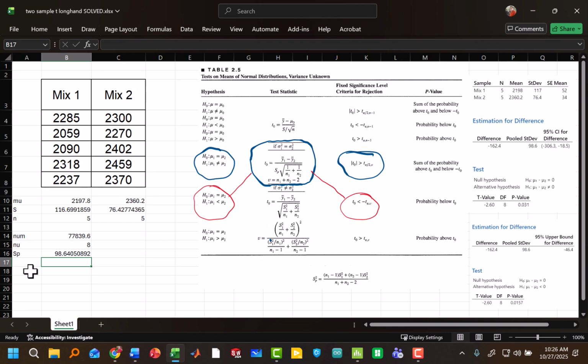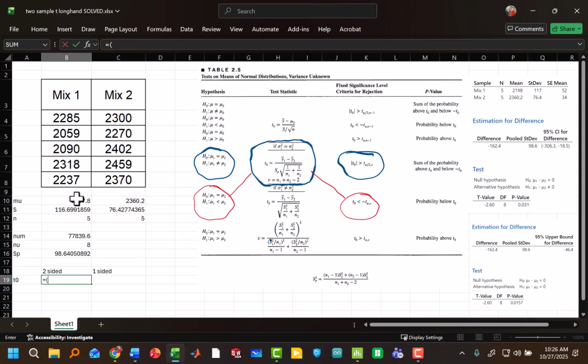So for the two-sided alternative, they're both two sample. For the one-sided alternative, we'll make separate columns here. Test statistic in the two-sided case is y bar 1, so mean 1.